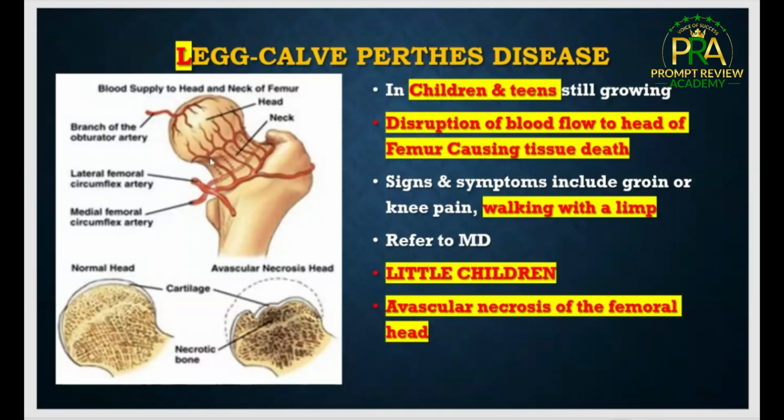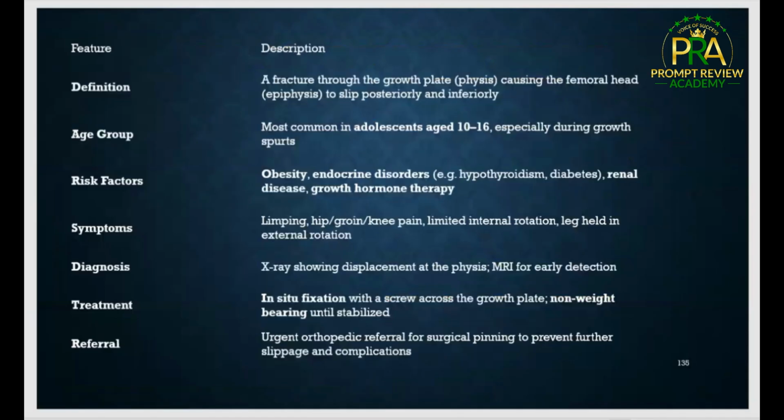It's more in younger children. Take note of that: a temporary loss of blood supply to the head of the femur, avascular necrosis of the femoral head. When that happens, it leads to bone death and reshaping. It usually affects children 4 to 10 years. So that was the summary of everything that I said.